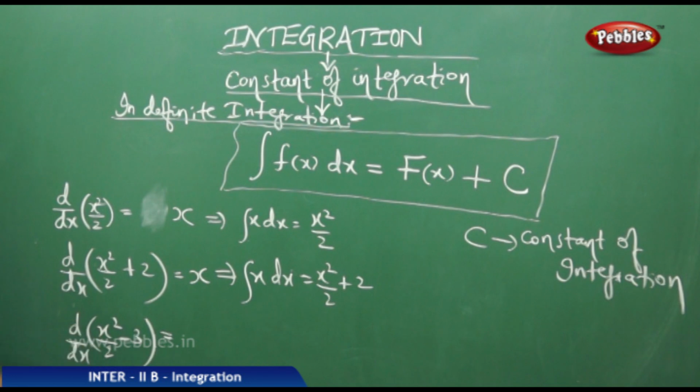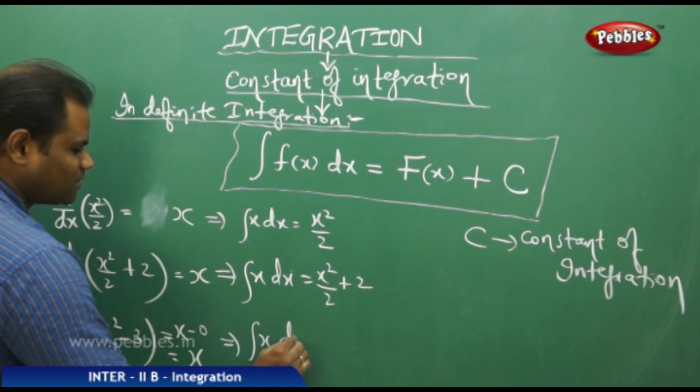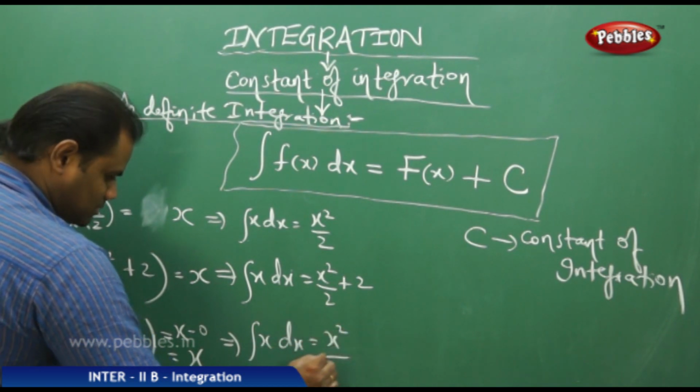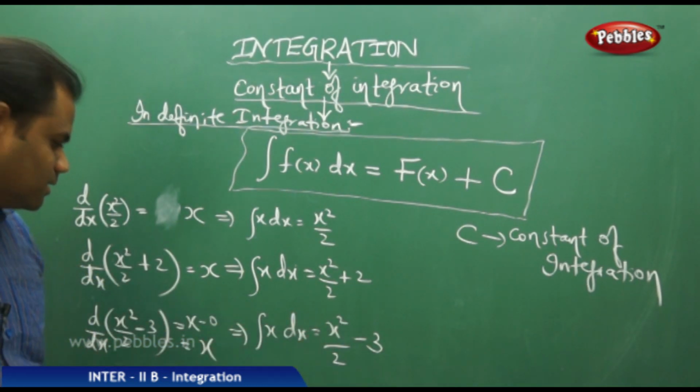So this gives me x minus d by dx of 3, which is 0, which is also x, which I get here. That implies my integral x dx can also be written as x squared by 2 minus 3. So I get this to be this.